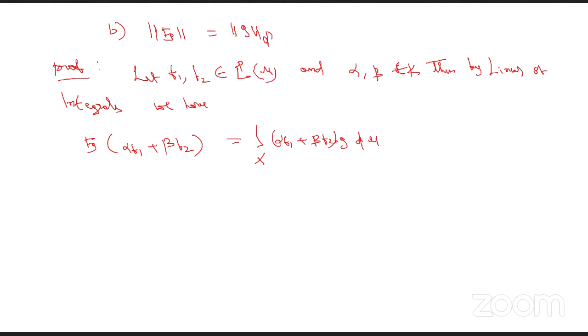So here alpha is a constant, you have to take alpha outside the integration of f1 g d mu, plus beta outside the integration of f2 g d mu, that equals alpha into f_g of f1 plus beta into f_g of f2.